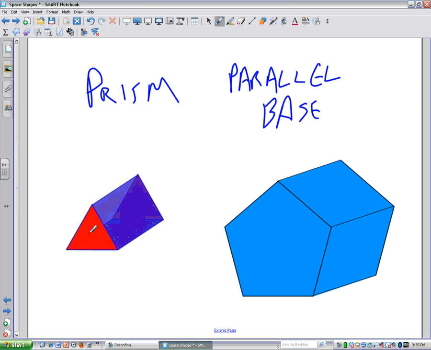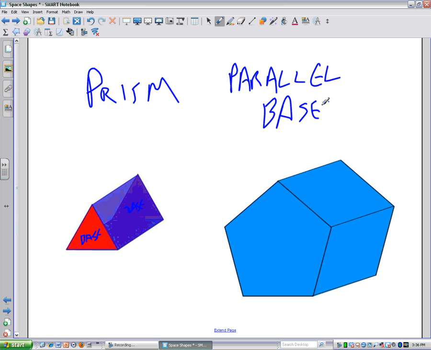In this case, we're talking about the front and the back. So this triangular shape is a base, and this back triangle that you can't see is also a base. Those bases are parallel to each other, meaning they won't intersect at any point, and they're the same shape. They're both triangles, and then the sides are rectangular or some sort of quadrilateral shape, typically a rectangle or a square, depending on what it is.